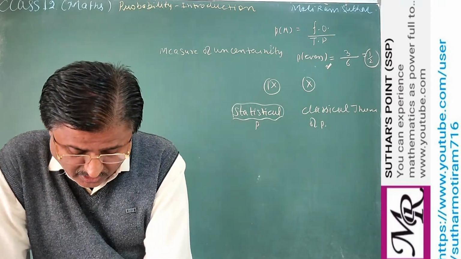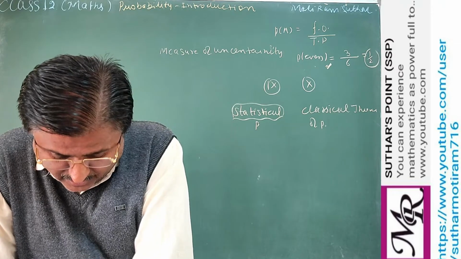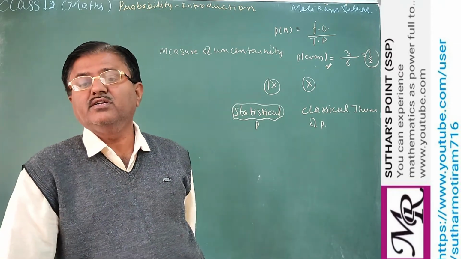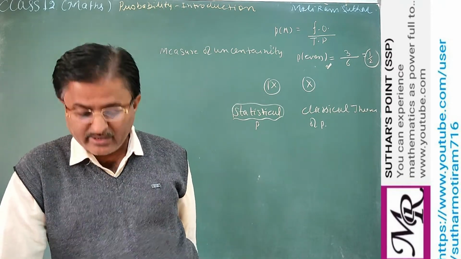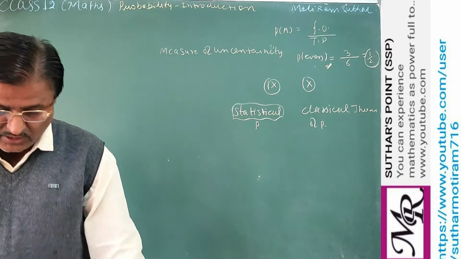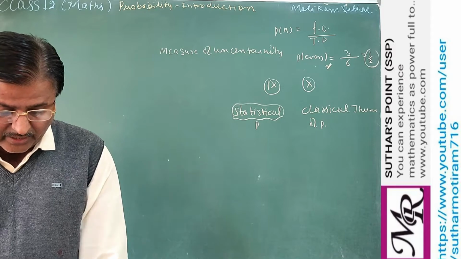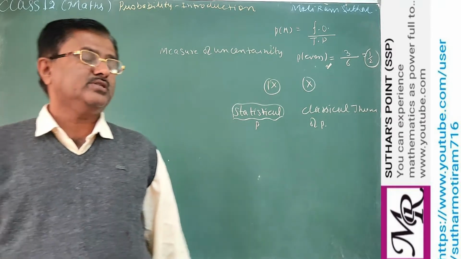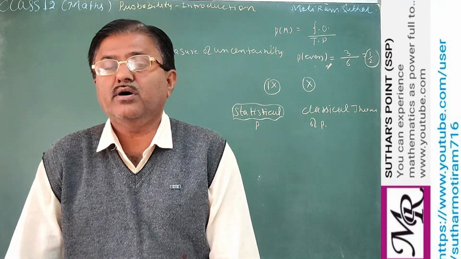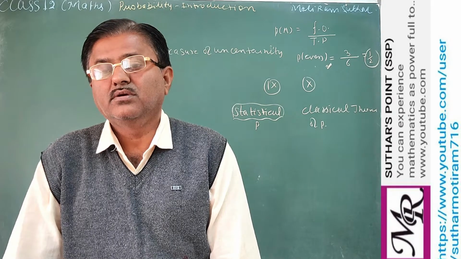So dear student, both the theories have some serious difficulties. So what difficulty have we seen? These theories cannot be applied to activities or experiments which have an infinite number of outcomes.